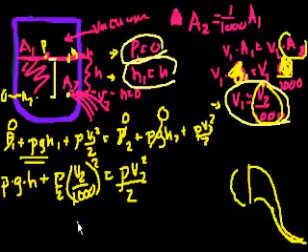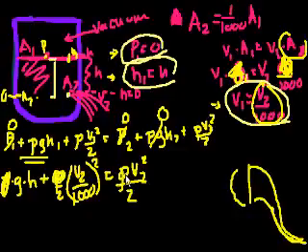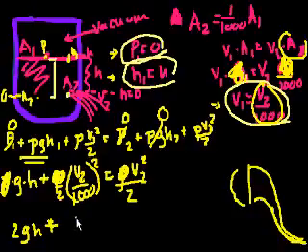Now, one thing that we can immediately see is that we have all these rho's on both sides of the equation, so we can divide both sides by rho. We get rid of all of those. And then we can multiply both sides of the equation by 2, and we get 2gh is equal to v2 squared over, what's 1,000 squared?